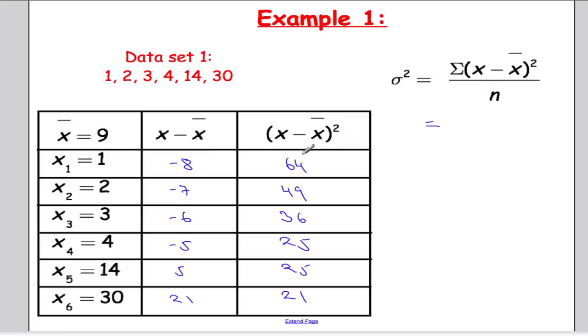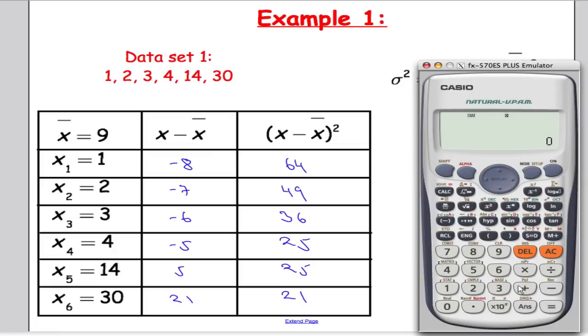So the formula says that we sum up these squares, so add all these squares together and then divide by the amount of data, which in this case is 6. So I'm going to add all these up now. So taking out our calculator, 64 plus 49 plus 36, 25, 25, and 21.